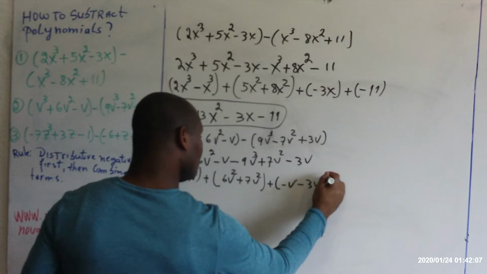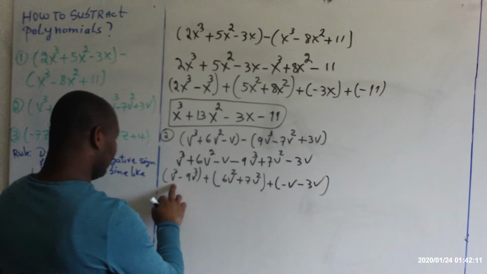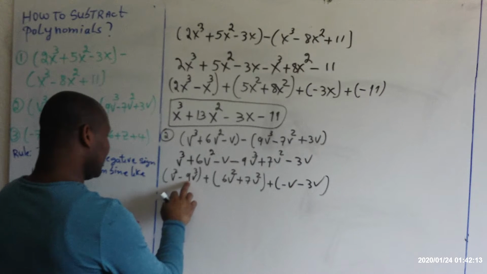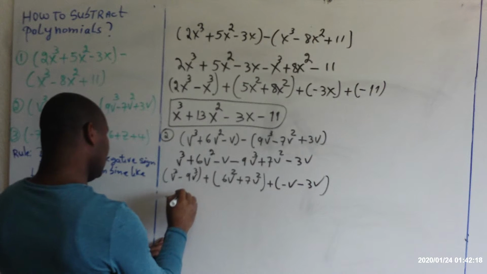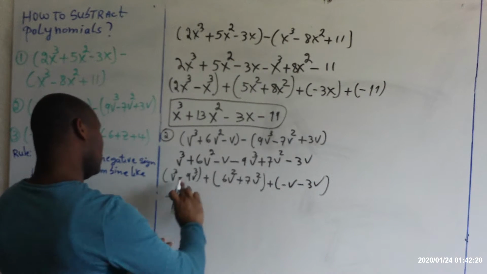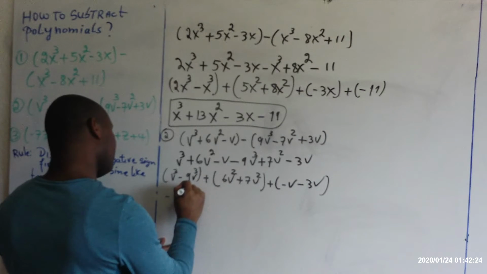So now we can reduce. So we have v to the 3, negative 9v to the 3. That's going to be negative 8v to the 3. Clear?